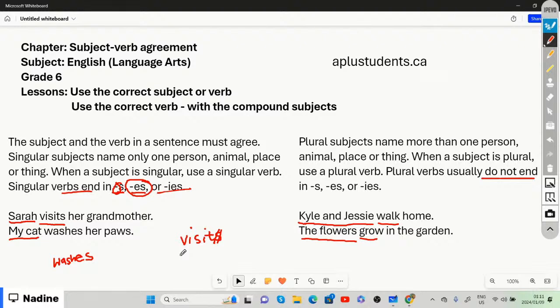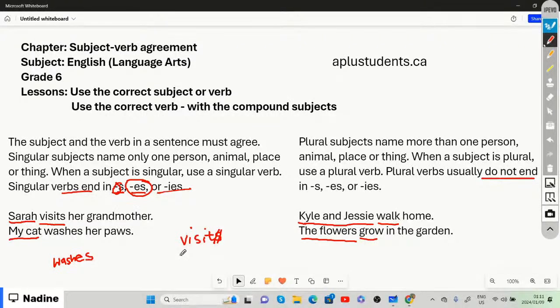So we have singular subjects and plural subjects. A singular subject names one person, animal, place, or thing, whereas a plural subject names more than one. A singular subject needs to use a singular verb, and a plural subject needs to use a plural verb.